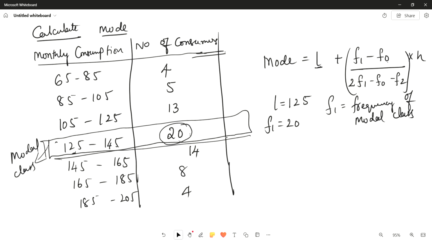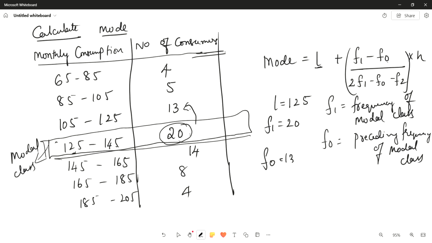F0 is the preceding frequency of the modal class. So F0 is equal to 13.